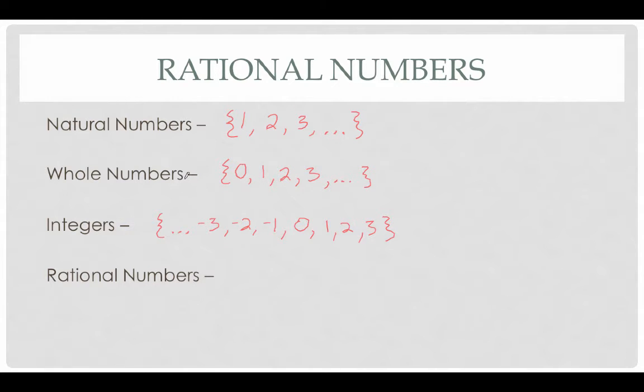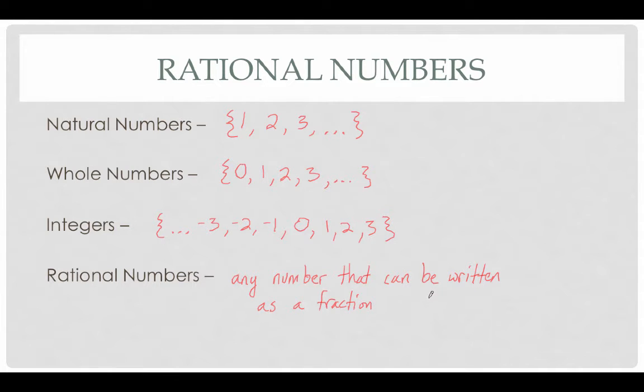Now finally, we're going to combine all of those. A rational number is simply any number that can be written as a fraction. All right.